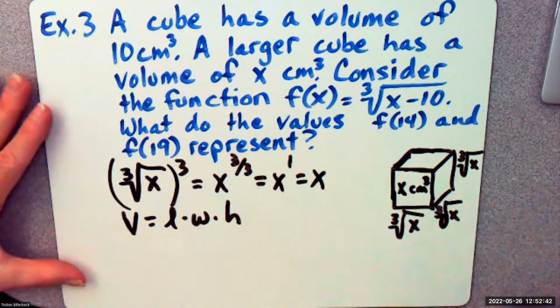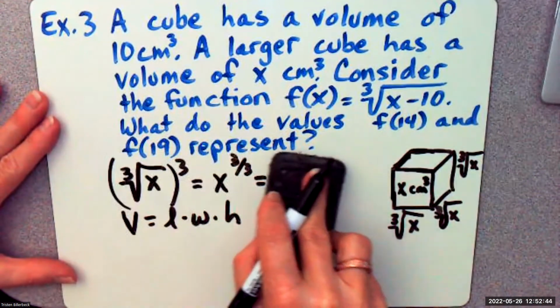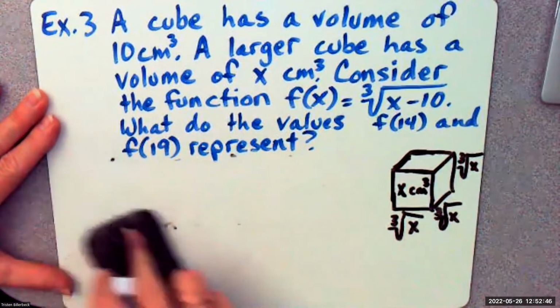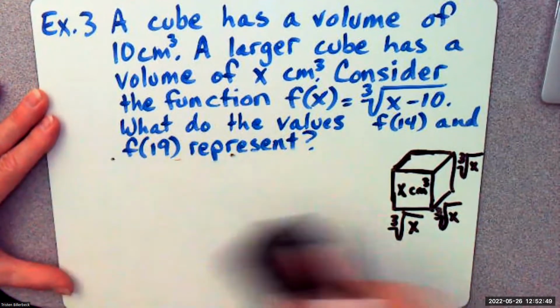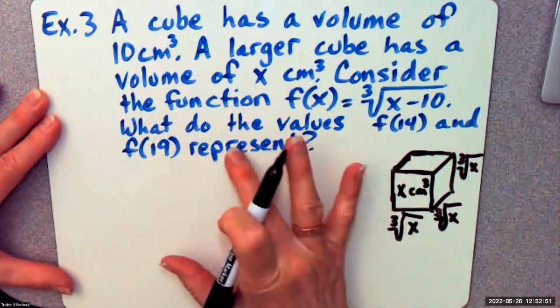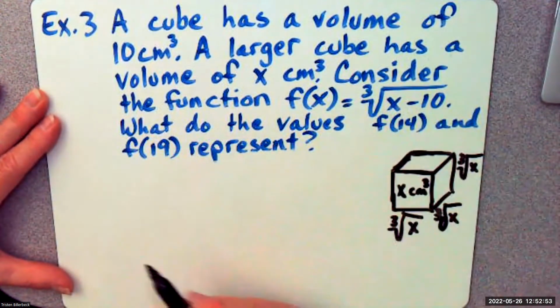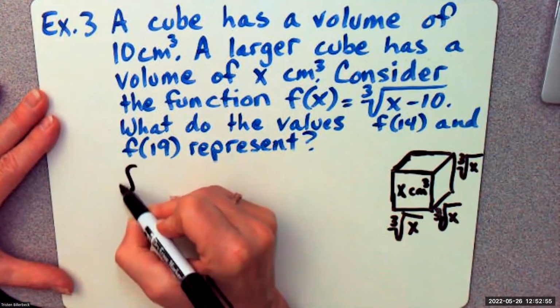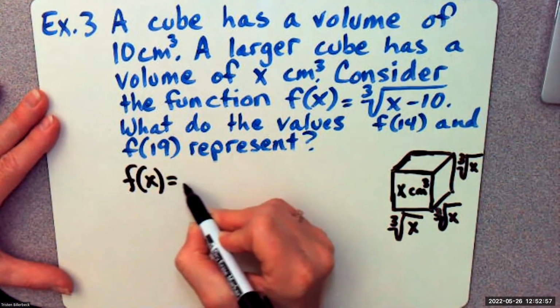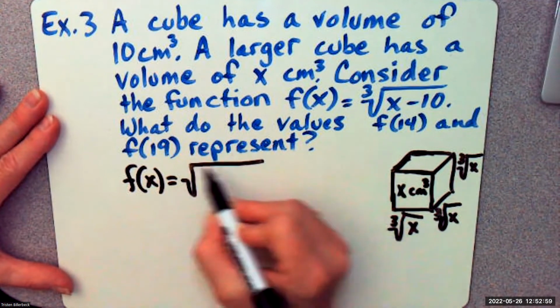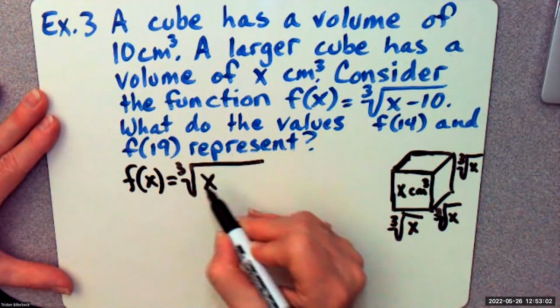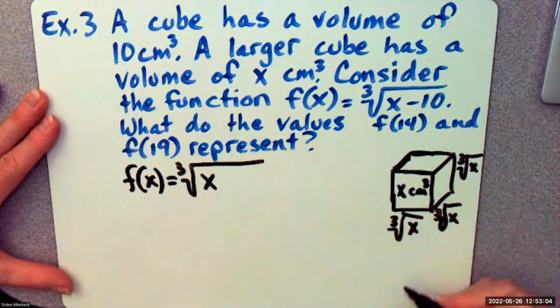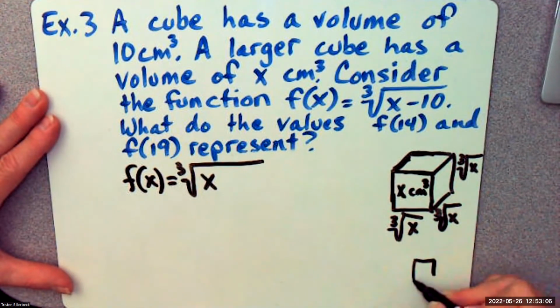Okay, so with that in mind, now let's look at this formula that we're coming up with here. So we have f of x equals the cube root of the larger cube minus the smaller cube.